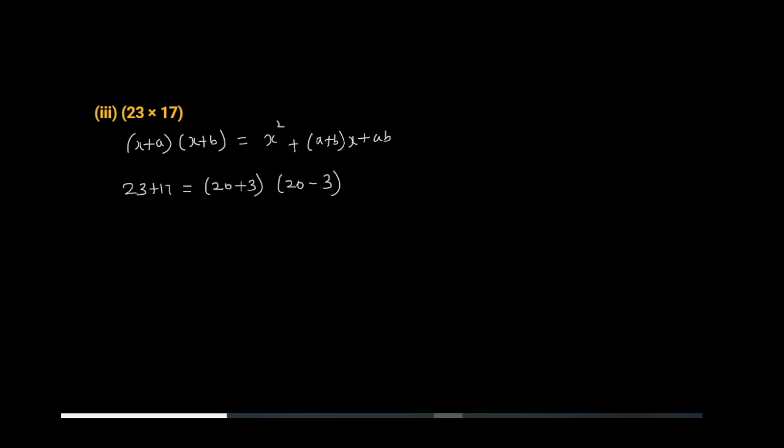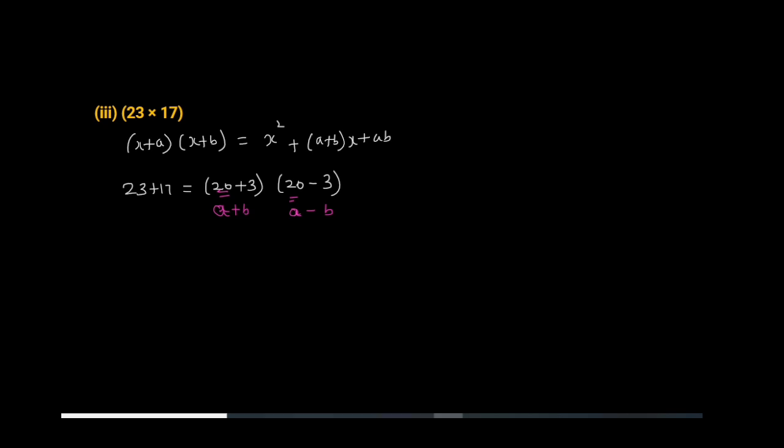Now this is x, this is x, then a and b are both the same with a different sign, so we can go with the identity (a + b)(a - b). We need not go with (x + a)(x + b). We can choose (a + b) into (a - b).